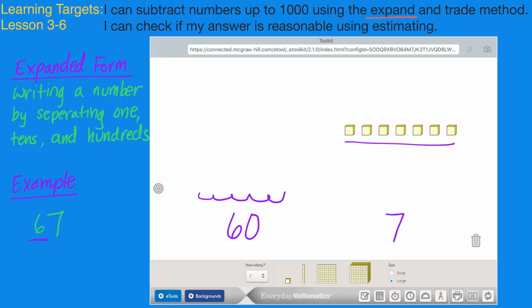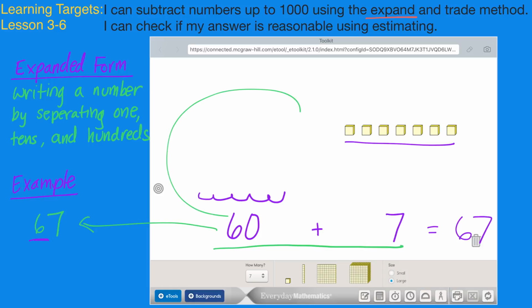This whole number would be represented by 60 plus 7, and we can see 60 plus 7 would equal 67. So this is the portion here underlined in green of how we write a number in expanded form. And we looked at the number 67. So we wrote 67 in expanded form, breaking apart the tens and the ones, separating them by an addition symbol.